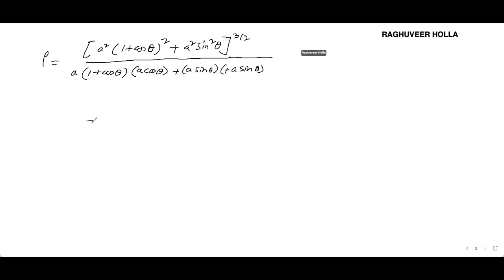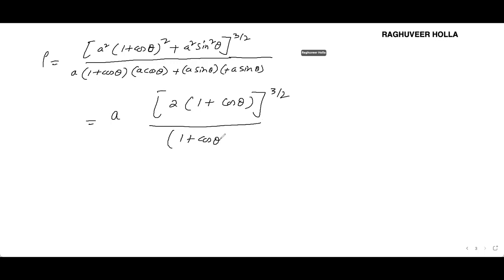Now here, in the numerator I have a cube, and in the denominator a and a square, so left with a. And this is 2 times 1 plus cos theta to the power of 3 by 2 divided by 1 plus cos theta.